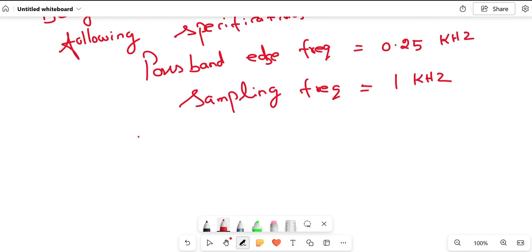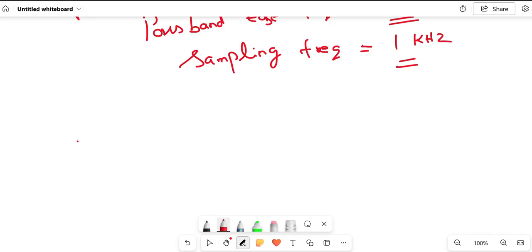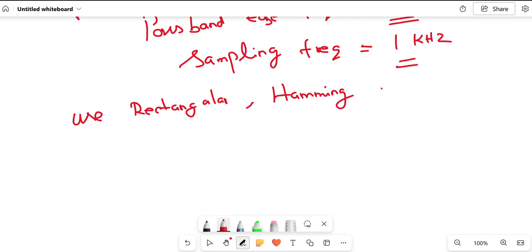The passband edge frequency is given, the sampling frequency is given. Use rectangular window, Hamming window, and Hanning window in the design.